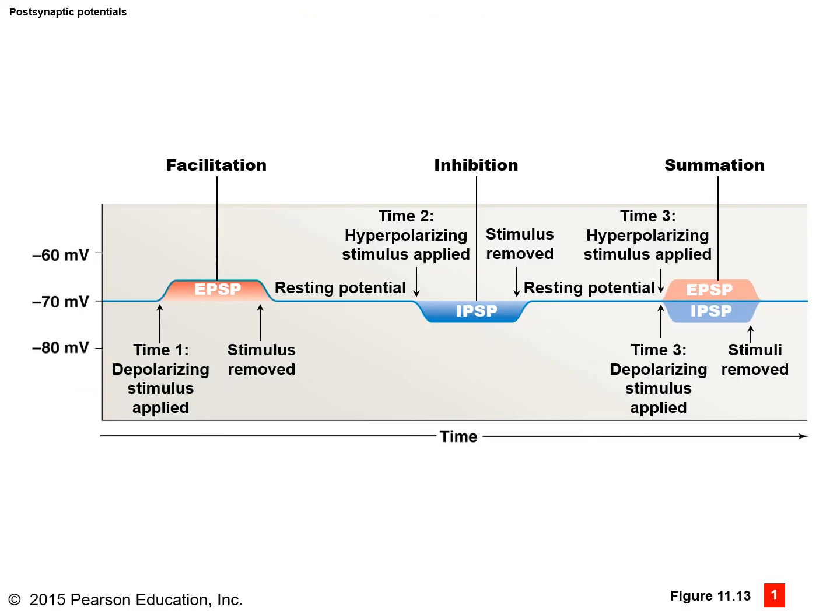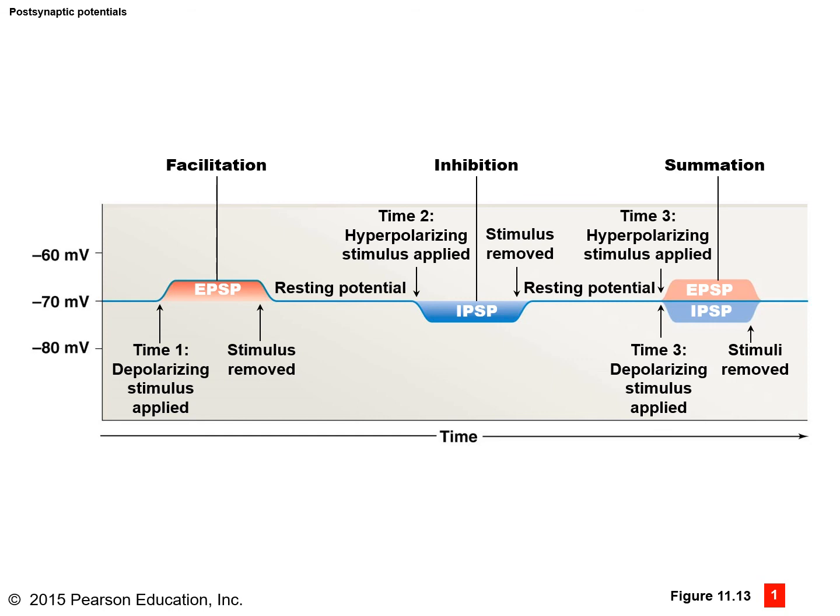So here we can see the actual diagram of how those graded potentials from the presynaptic neuron are going to affect the postsynaptic cell. We can see that there's a depolarizing stimulus, and this is going to facilitate a greater overall membrane potential, thus allowing it to depolarize more easily.